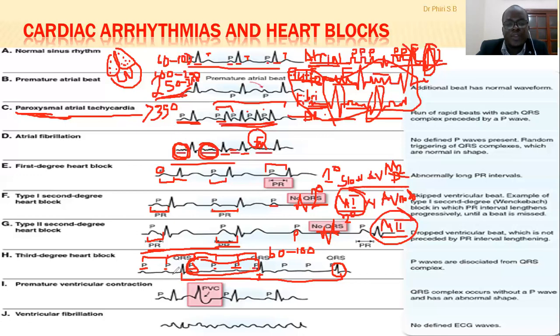And then the QRS complex will be between 40 to 60. Sometimes it can even be less than 40. So you know to say that this is a third degree heart block because what is being conducted to the ventricles is not the same action potentials that is originating from the SA node.